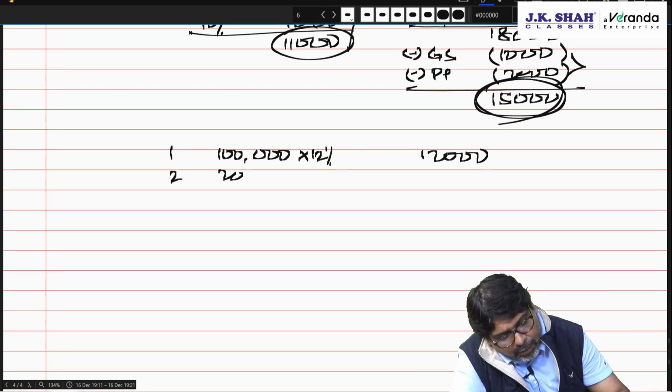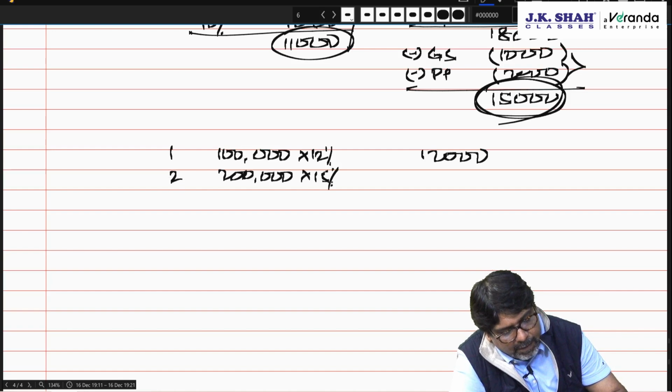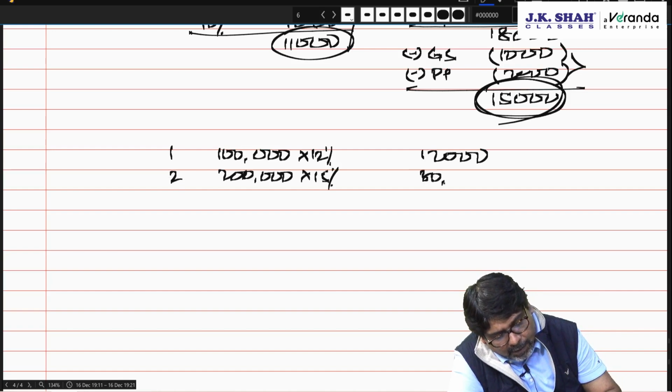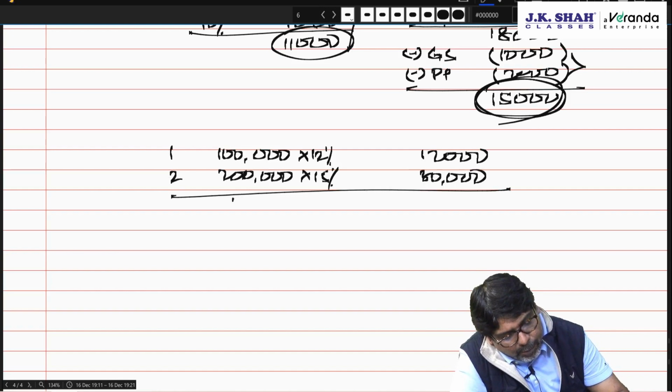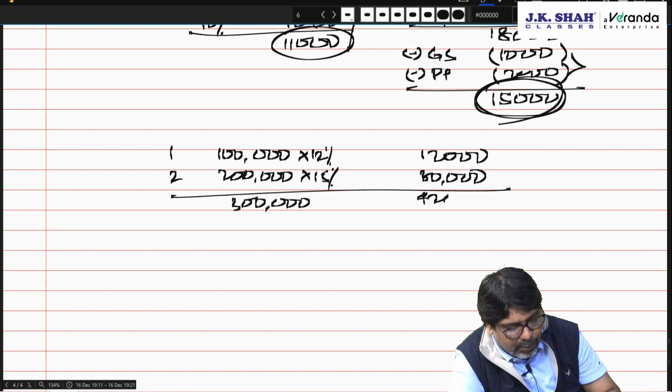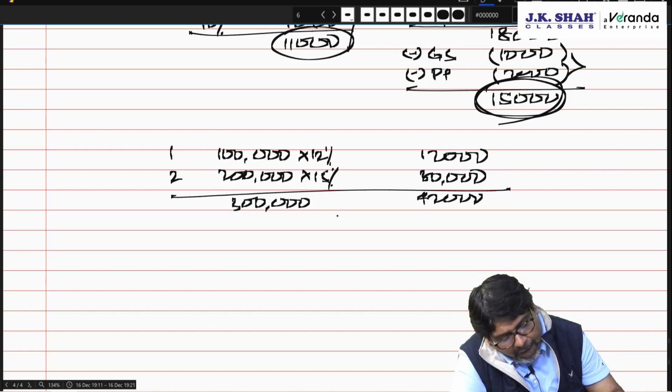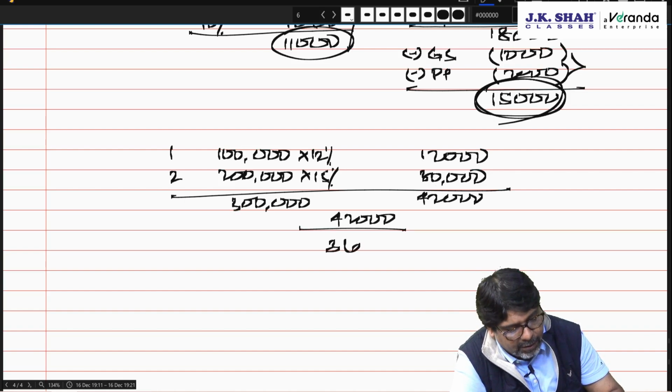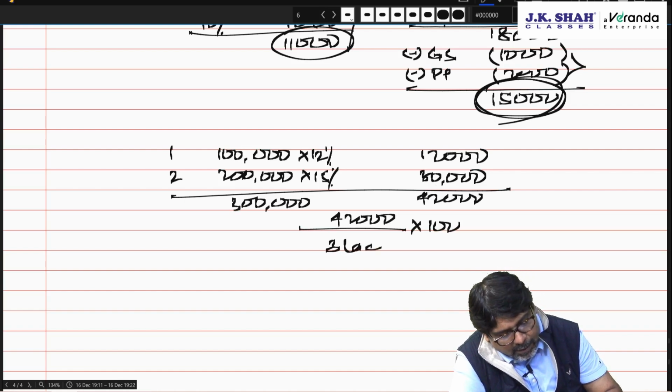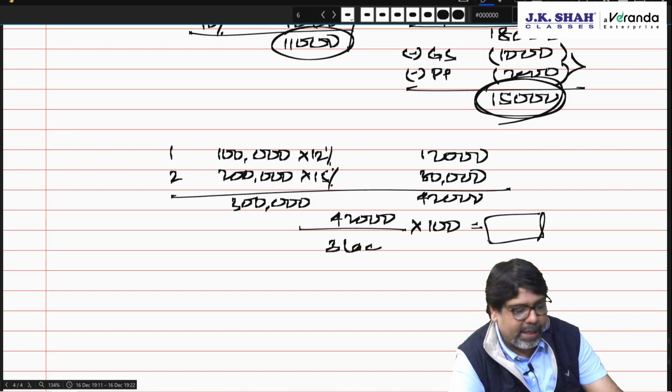Another borrowing 2 lakh for 15% is equal to 30,000. Therefore total 3 lakh, 42,000 is the interest. So average interest, the capitalization rate, will become 42,000 interest on 3 lakh into 100, whatever rate of interest you get.